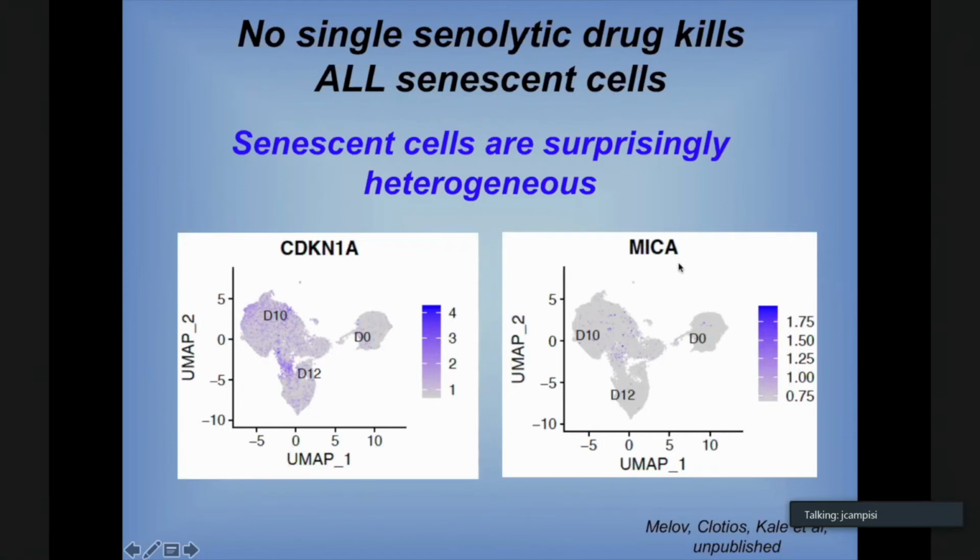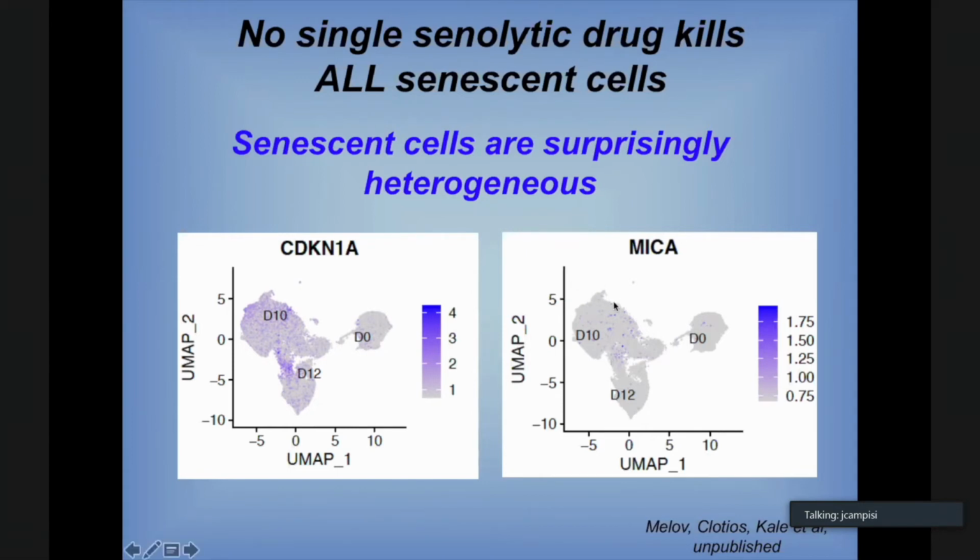This is even more apparent when you look at the expression of this gene, MICA. MICA is a ligand for natural killer cells. It's not expressed very much in non-senescent cells, but there are populations of senescent cells that express high levels of MICA. There are actually 6 ligands for natural killer cells, and 4 of them increase in different populations of senescent cells.